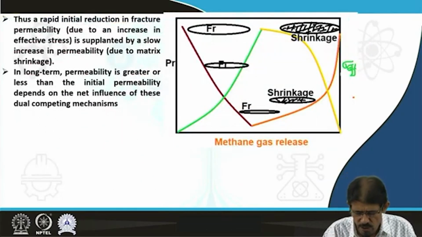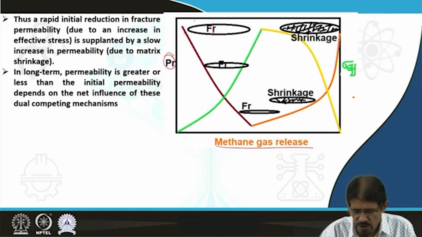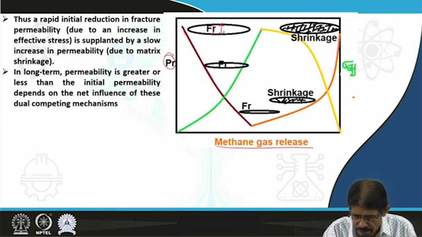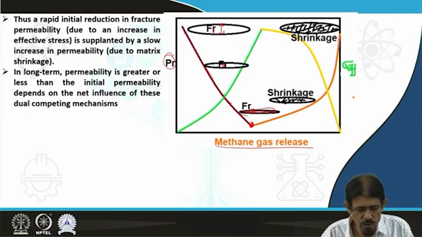If we look here at permeability and methane gas release, in the initial stage there is closure of the fracture aperture. Gradually you can see release of methane gas resulting in decrease in aperture. After some release, the fracture aperture is close to 0 and very small, resulting in low permeability due to decrease in interconnected porosity.